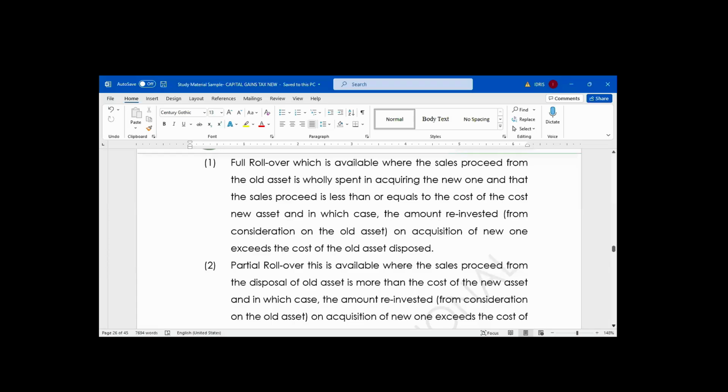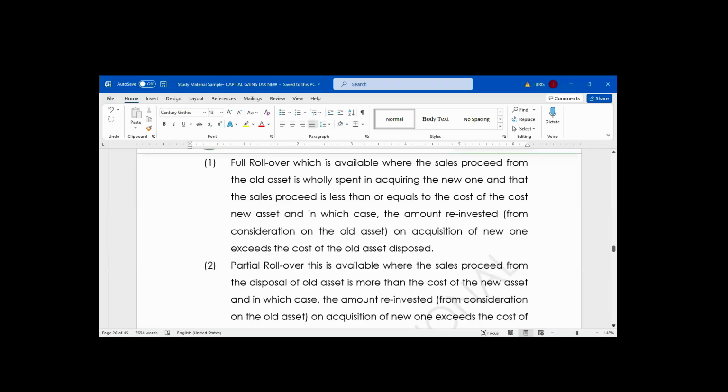Let me repeat myself again. Partial rollover relief simply means the amount reinvested in the acquisition of new assets is lower than the sales proceeds of the old assets, but higher than the cost of acquisition of the old assets.